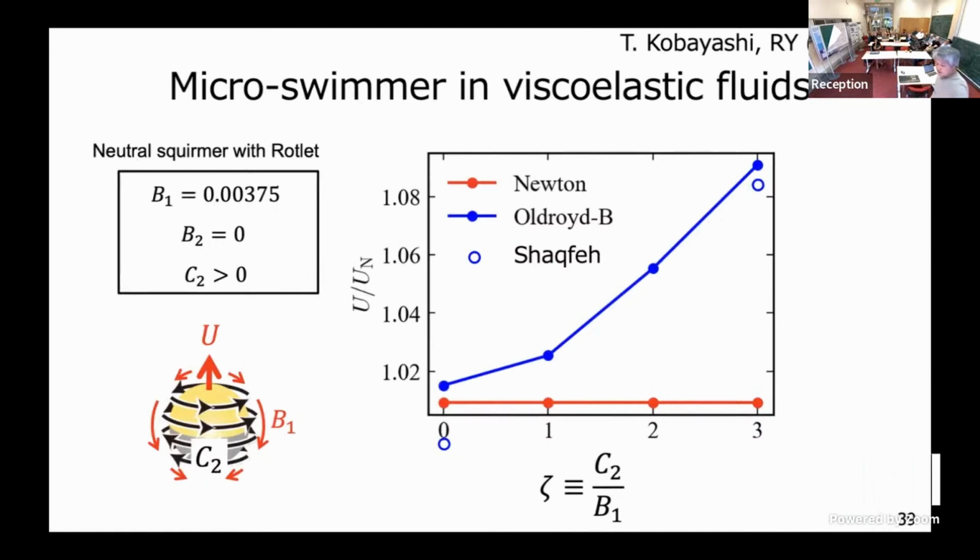In the Newtonian case, even if you twist very rapidly, nothing happens to the propelling velocity. But if the fluid is viscoelastic, then speed up takes place. And the data is very consistent with the previous data. So we are quite confident that we can answer this question.